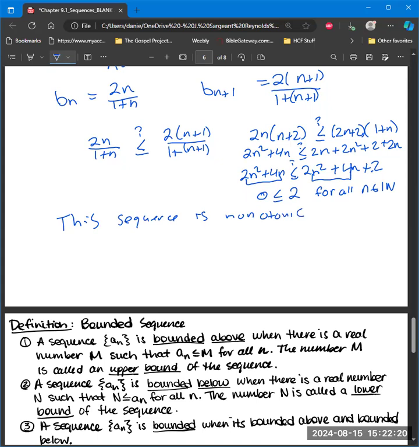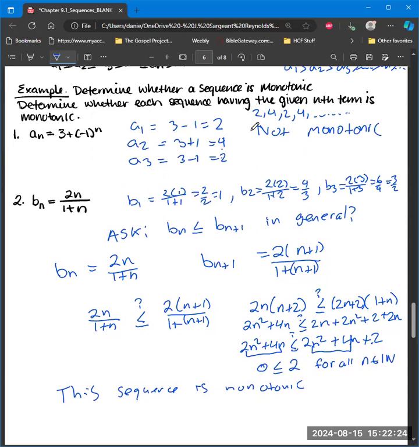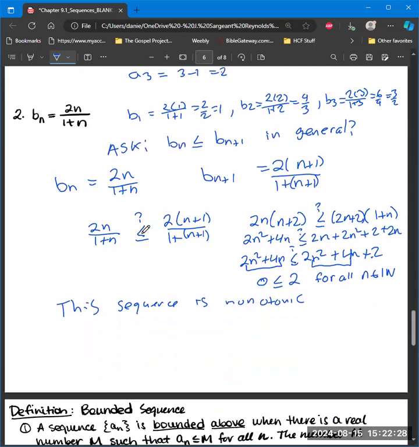The only reason we wanted to find a few terms first is to see that it looked like it was monotonically increasing, so we knew which way to make this sign, that the n plus 1th term we thought was going to be greater than or equal to the previous term. If we saw these terms were decreasing, we would have flipped the sign around the other way and said that a sub n would be greater than or equal to a sub n plus 1. So that's why we found a few terms first.